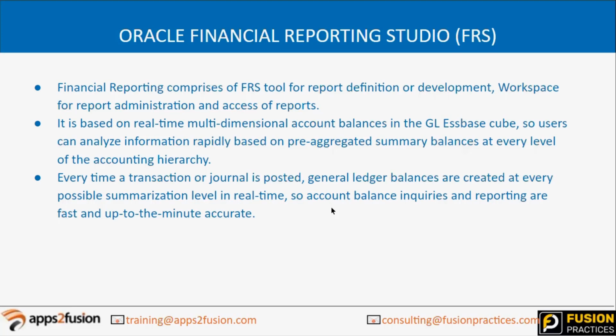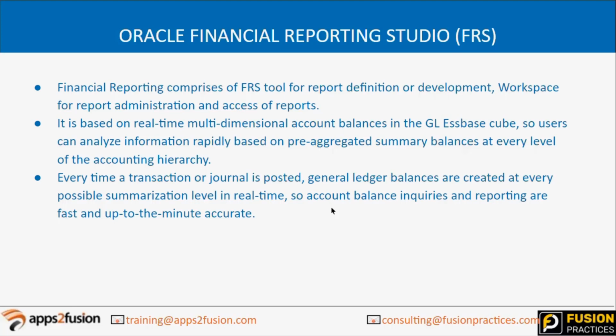For example, your legal entity or company, department or cost center, your intercompany segment, your future segments. Each segment would be considered as one of the dimensions. Along with that, you would have your balance amount, your currency, your scenario, all those extra GL related dimensions also.